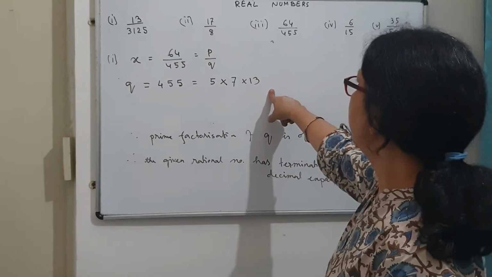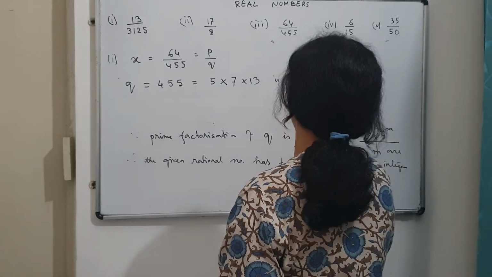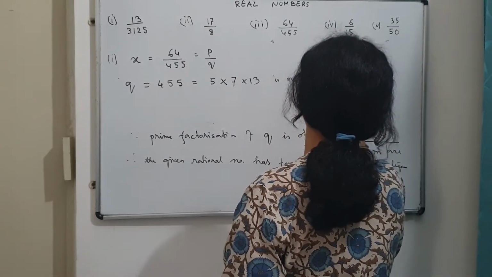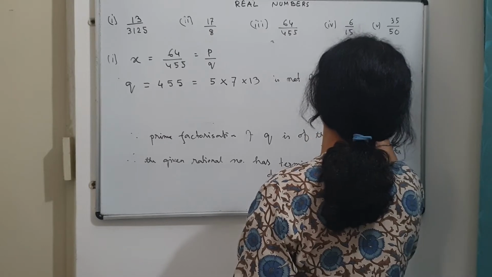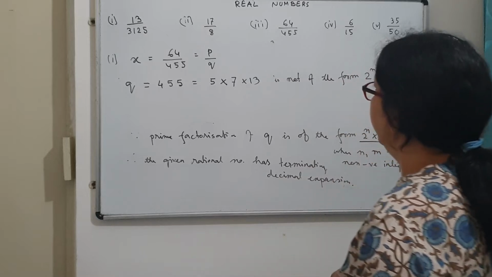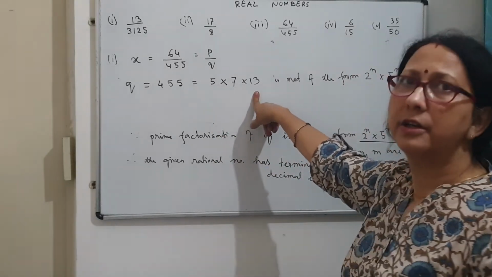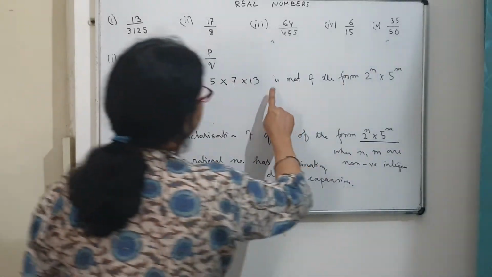So obviously, it is not of the form 2 to the power n into 5 to the power m. 5 is there, but there is no 2, and 7 and 13 are not desired. So this is not of the form.